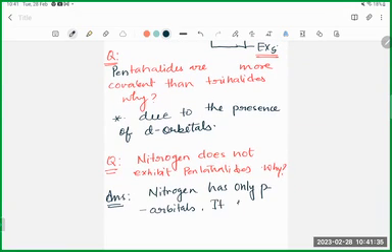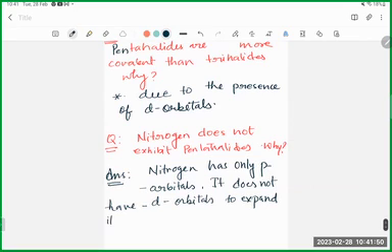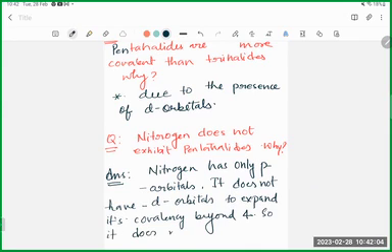So in a sentence I am writing: it does not have d orbitals to expand its covalency beyond 4, so it does not form pentahalide. Hridaya, is it clear to you? Yes, ma'am. Okay.